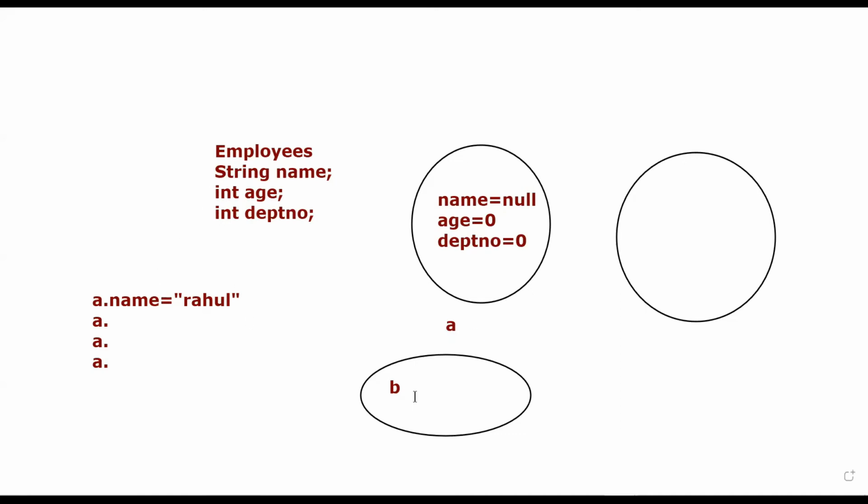So all these variables will be part of it: name, age, department number. And at the same time, I can pass values to them. I need not write this line of code again and again. I need not write A dot something, B dot.